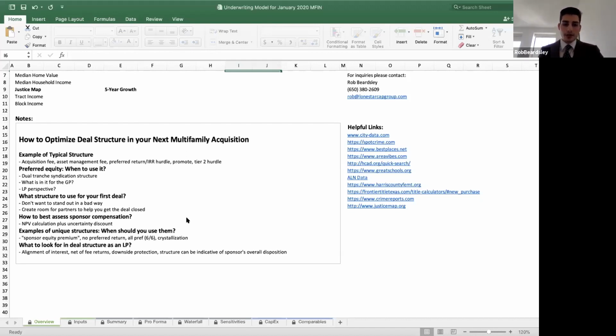So in terms of unique structures, there's all sorts of interesting things, and we talked about no pref, and I touched on why I don't like the no pref, but to go over that again.